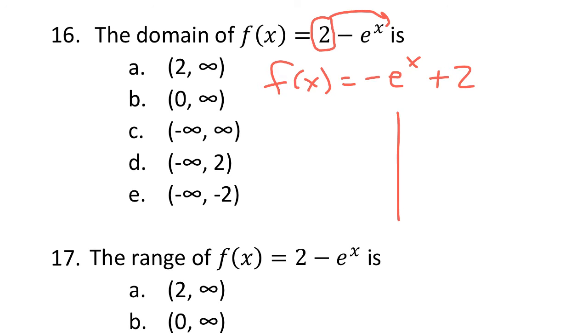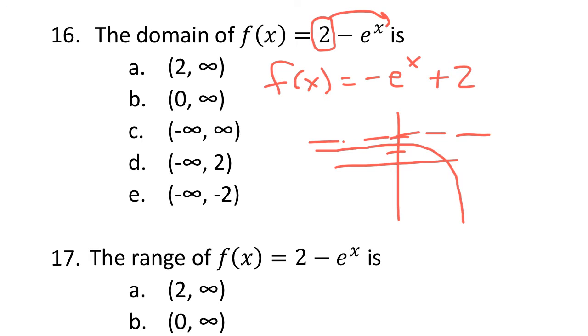So here's what I know so far. I know that the horizontal asymptote hits at 2, and when I graph this, it has a reflection, so I'll make a quick sketch of what my calculator looks like. It looks something like this going on down here, roughly. Okay, maybe a little bit exaggerated, but roughly.